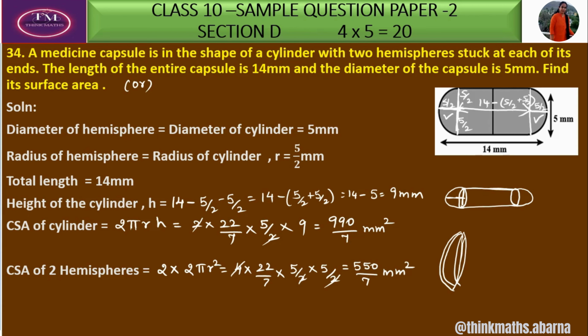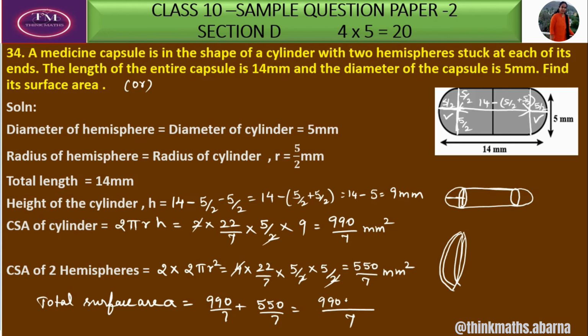Now we have to find out the total surface area. So the total surface area is equal to, we have to add both. So it is 990 by 7 plus 550 by 7. Both have the same denominator 7. Now we have to add both.